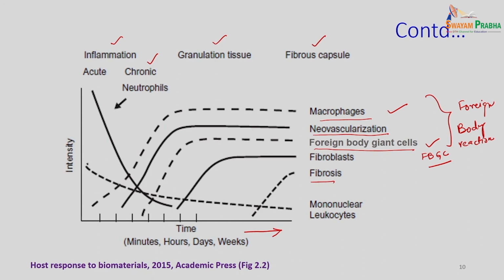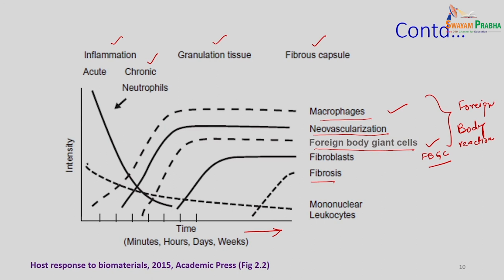So, if the surface protein interaction is not desirable, as I told, it may also cause biofouling. So, for that there will be some extra responses, or it will also contribute to the host responses or foreign body responses.